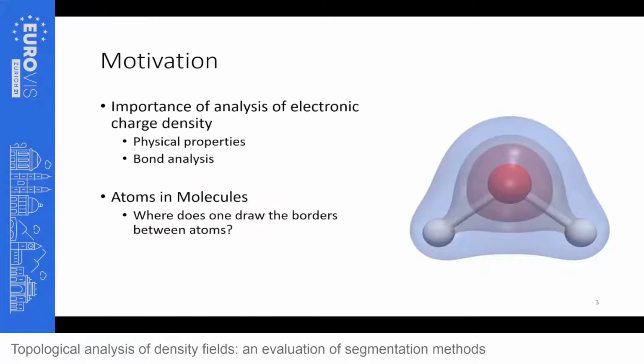But why is it important to analyze electronic structures and electronic charge densities? Well, first of all, you can find out a lot of physical properties, and also you can use it to do bond analysis, for example, if you want to know if it's a covalent or a non-covalent bond.